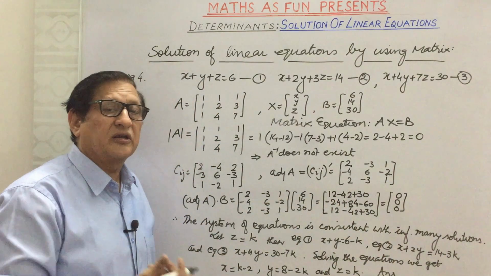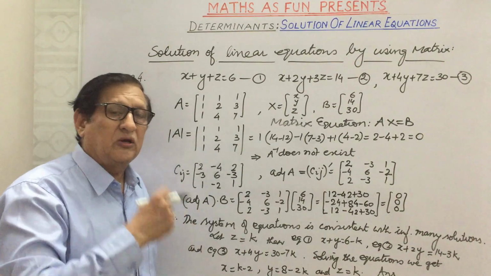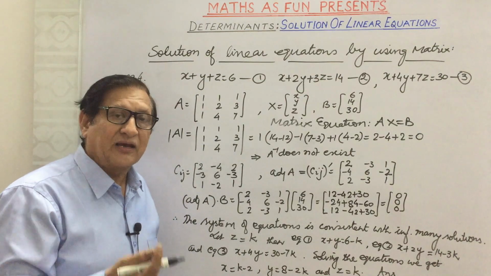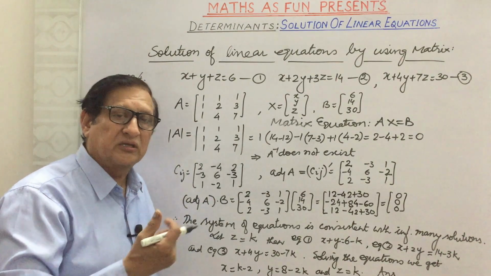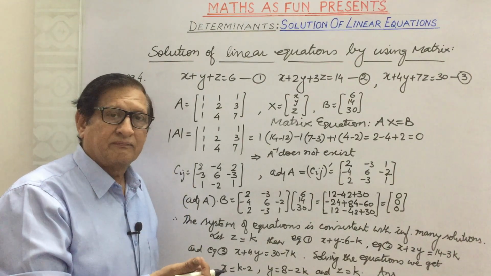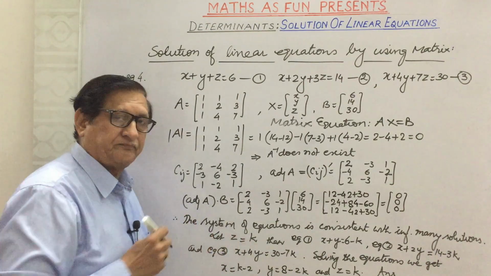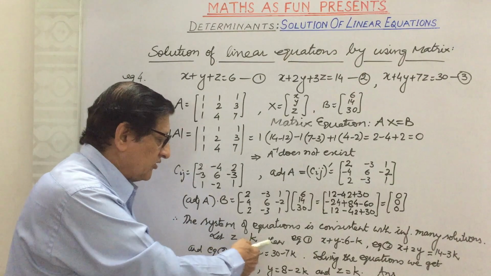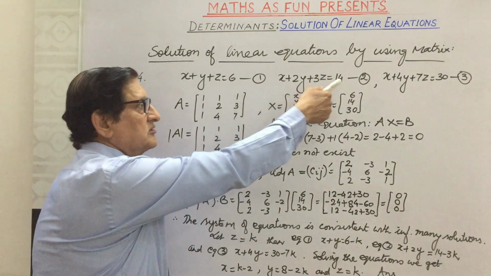To find these infinitely many solutions, what we do? We consider any of the variables x, y or z as an arbitrary constant, either k or lambda or anything else. Generally we take it as z as k, and here also we are taking z as k. We will substitute this value of z as k as the arbitrary constant in these 3 equations.